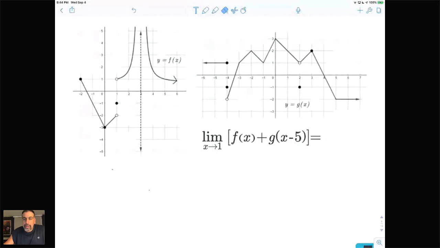Had the question, do we use both graphs? We will need both graphs for this problem. While you guys are working on this, I'm going to start setting it up.